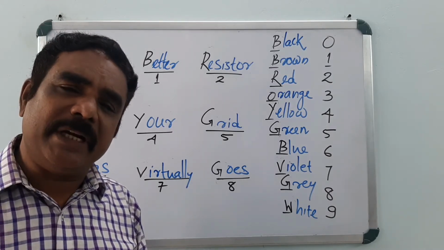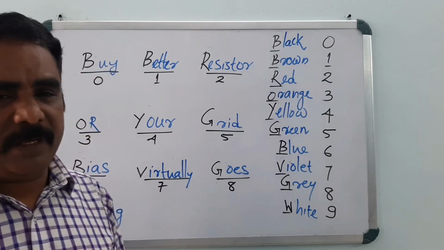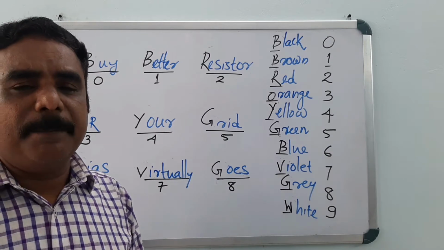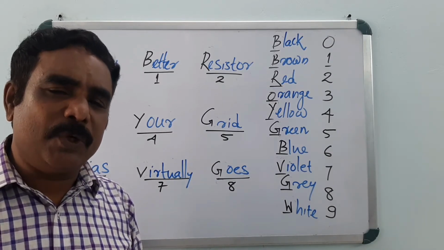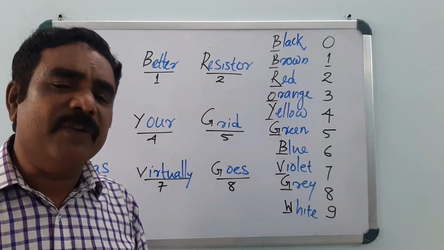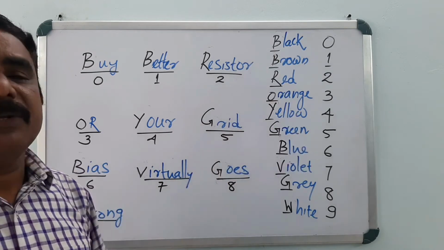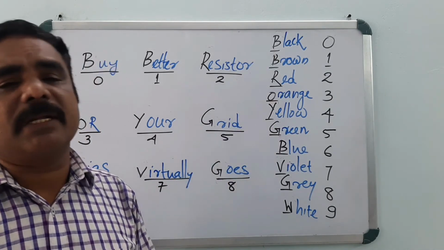First G for green, second G for gray. So again, remember this sentence: Buy better resistor, or your grid bias virtually goes wrong. So you can easily memorize the digits assigned with each color.